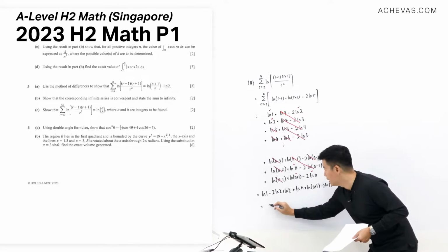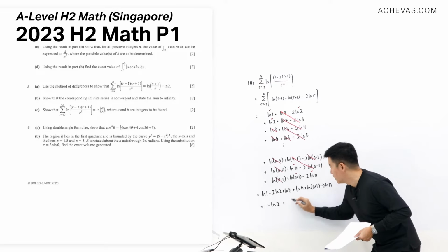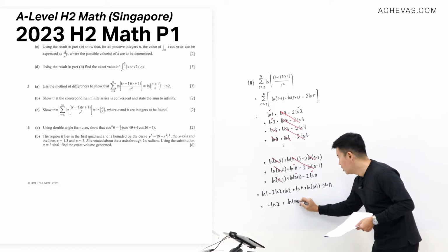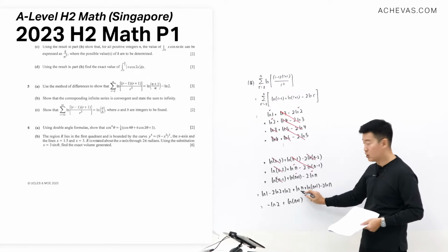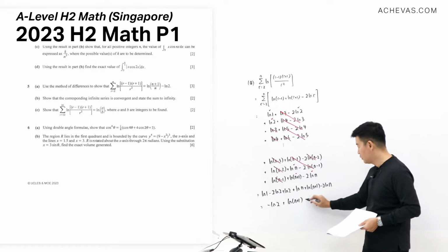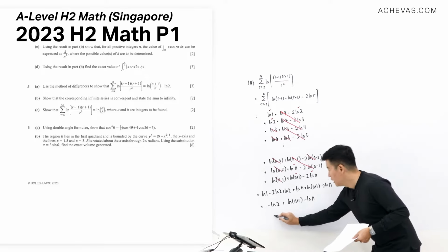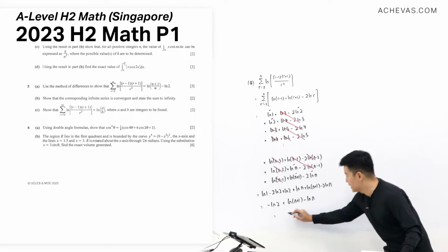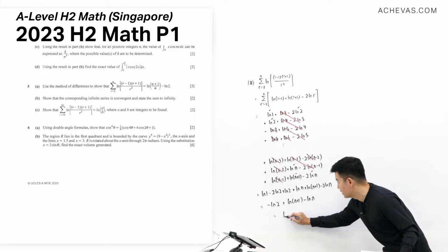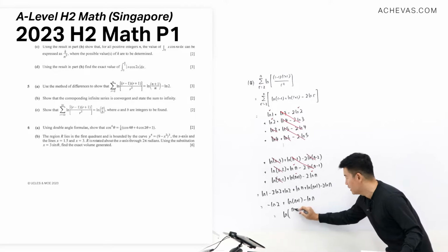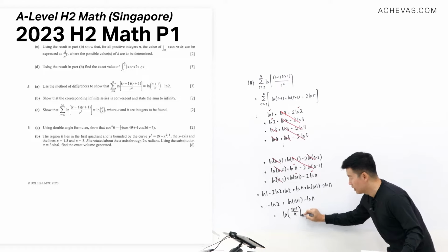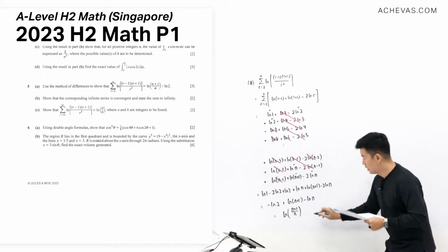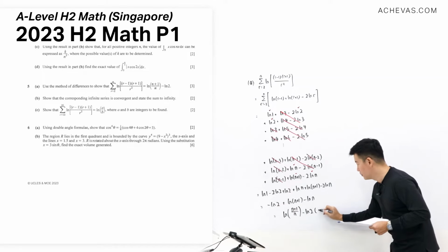Here we will have a minus ln 2 plus, this is going to be ln n plus 1, because ln n minus 2 ln n will be minus ln n. And yep, I think we are getting what we want already, because this plus this is going to be ln of this minus this. It will be ln of n plus 1 over n, and this is according to what the question wants us to be showing, and then minus ln 2.